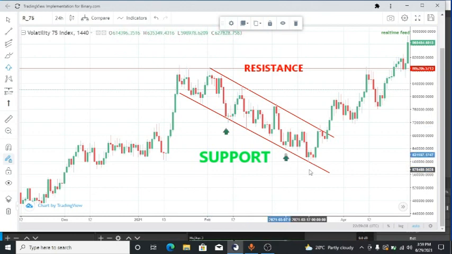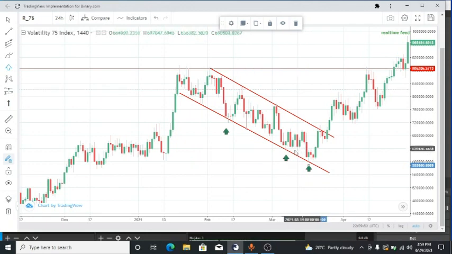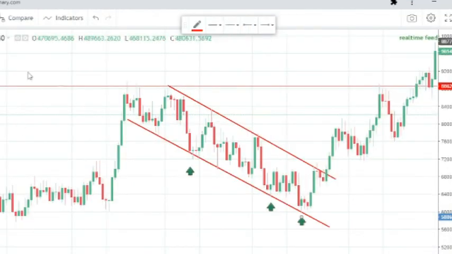There's an opportunity again to buy here, you buy. But this doesn't hold. So it might take out your stop loss, because your stop loss should be around here.